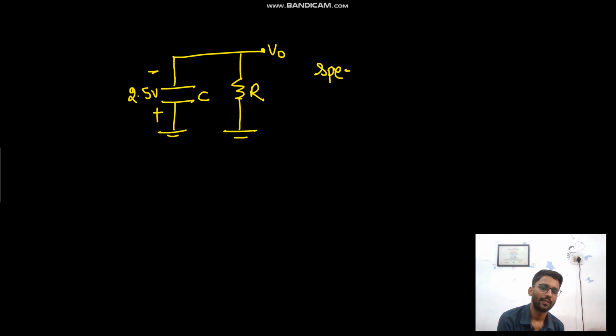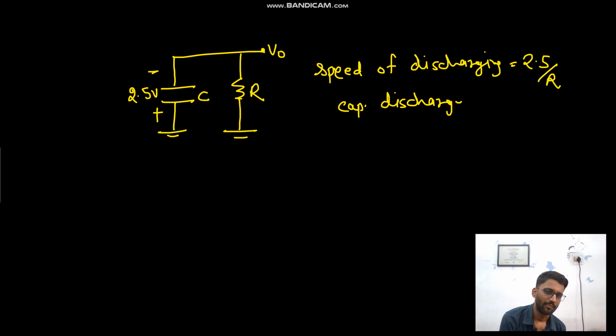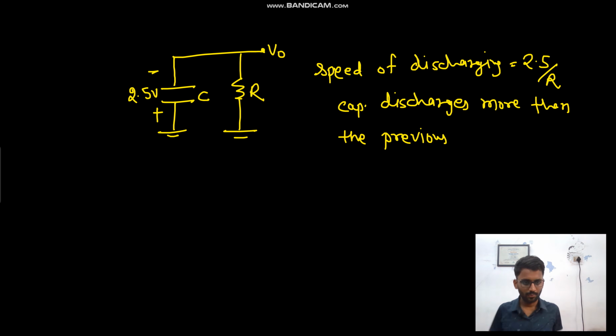Now the speed of discharging is 2.5 by R. So now the speed of discharging is getting increased, and the capacitor discharges more than the previous cycle.